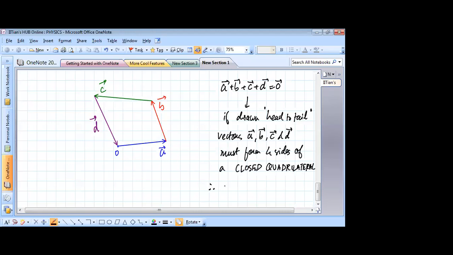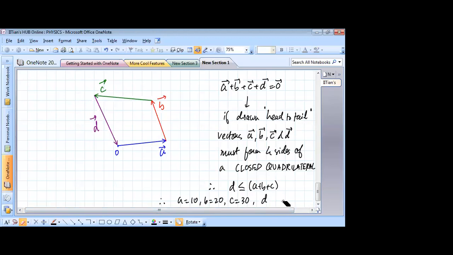So the magnitude of D must be less than or equal to A plus B plus C. Okay. Therefore, A equal to 10, B equal to 20, C equal to 30, D can be 40.